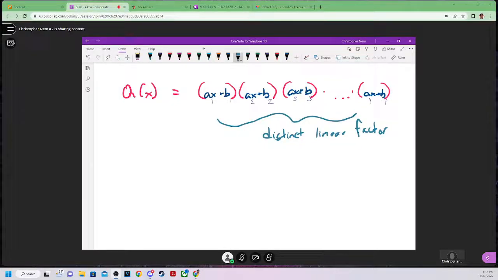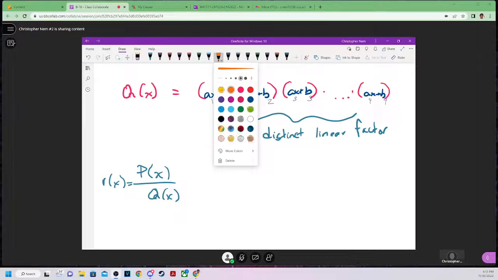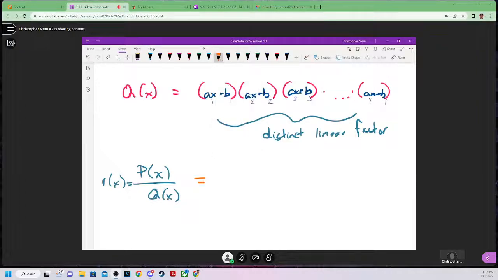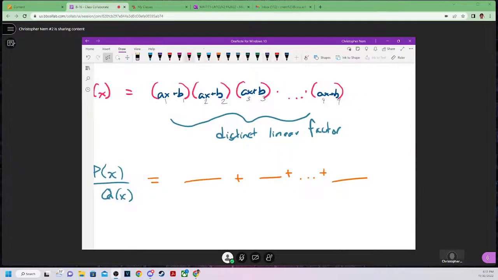Now I'm going to let you know that our r of x is just going to be equal to, if I want to decompose it, I will decompose these as multiple fractions added to each other. But in particular, let's suppose this happens k times.